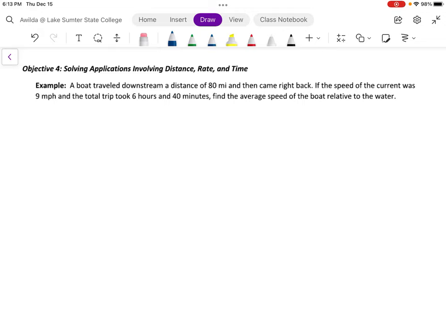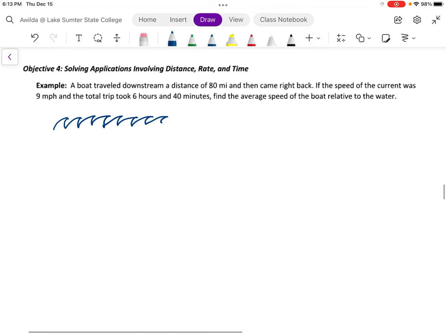I always like to draw whenever possible, so I'm going to be a little extra, and I'm going to draw the current as waves here. So when the boat is traveling in the direction of the current, we can say that its speed is the rate of the boat plus another 9 miles per hour.